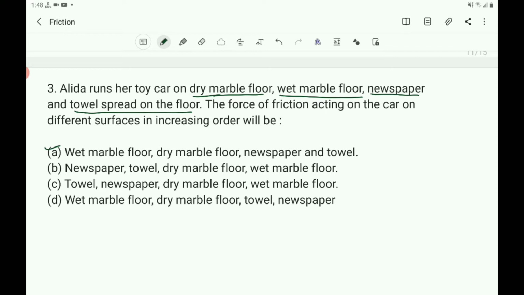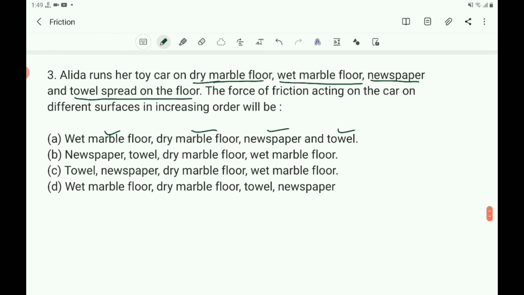So the answer is A. Here you know that we have to write the friction in increasing order. Wet marble floor exerts least force of friction. Next dry, next newspaper, and towel causes more friction. The force of friction is more on the towel spread on the floor.